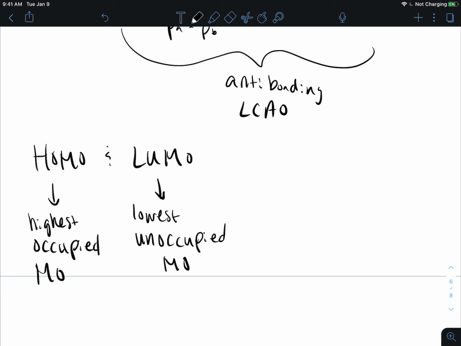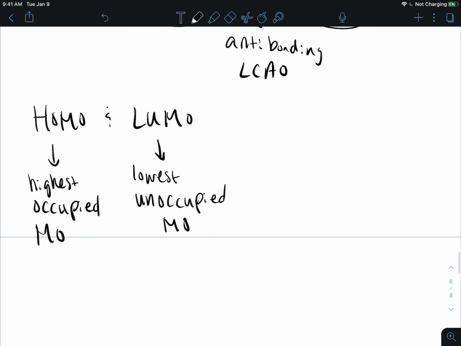HOMO and LUMO are something we can actually determine using molecular orbital theory. And this is one of the things that really makes molecular orbital diagrams shine: looking at that energy and determining what type of excitation properties you can have within a molecule.